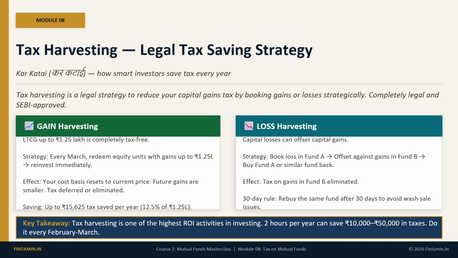Here is how gain harvesting works. Every March before the financial year ends, redeem equity mutual fund units with unrealized gains up to 1.25 lakh rupees. Immediately reinvest the same amount in the same fund. The result: your gain of 1.25 lakh rupees is realized.